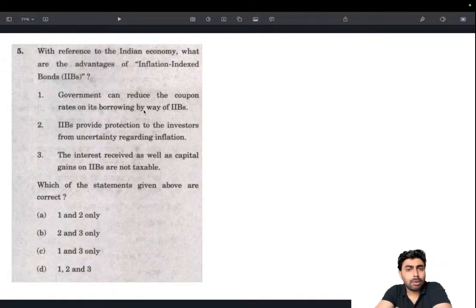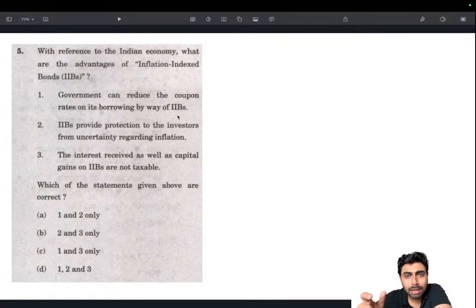Let's make it very simple. If a bondholder is holding a 100 rupee bond, and I'm not talking about treasury bills, which don't have any coupon rate, but the general bonds. If a buyer is buying a bond worth 100 rupees and the value of 100 rupees is reducing each year, after 5 years the 100 rupees he or she has invested will be worth 50 rupees only.